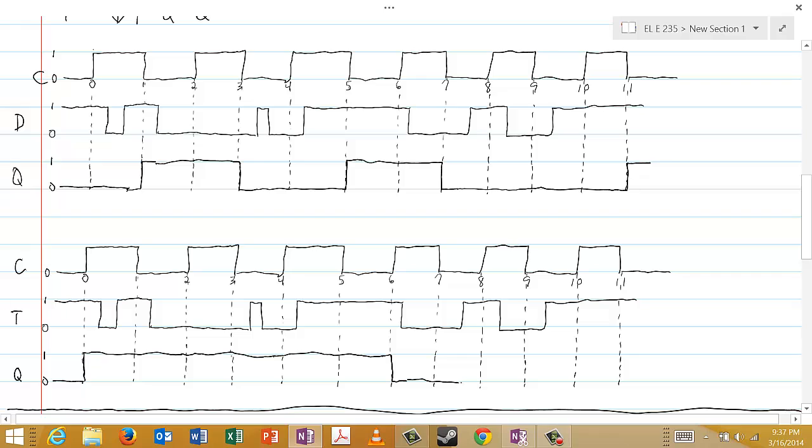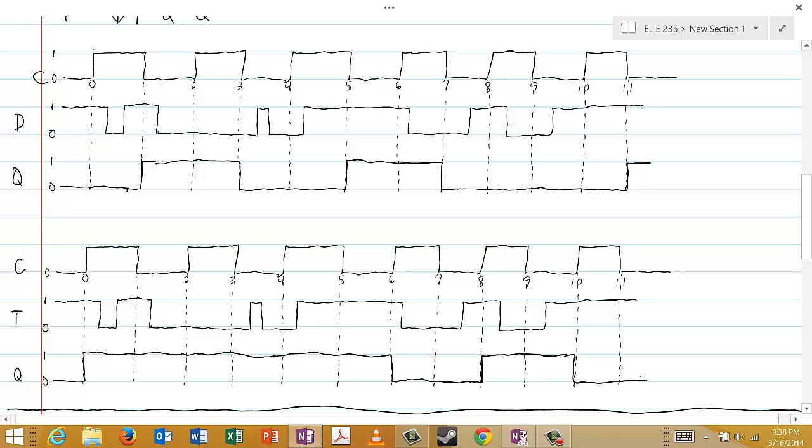We extend this just before the next positive edge, which is at 8, and at that positive edge, T is equal to 1, so we will toggle again. And here at the last positive edge, which is 10, T is equal to 1, so we will toggle once again.